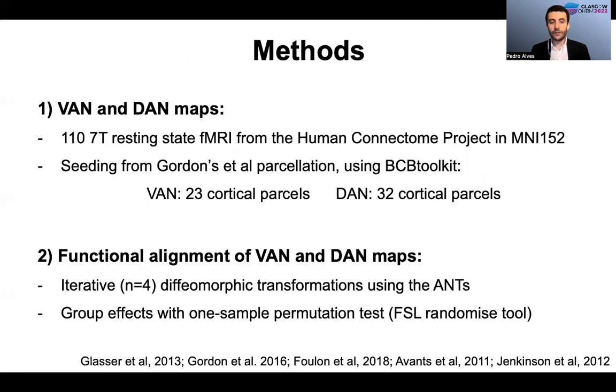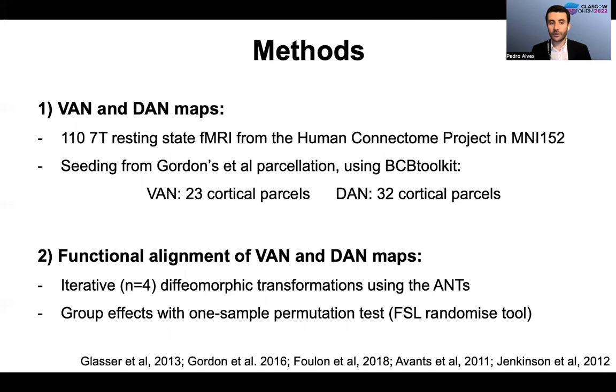To achieve this, first we computed the ventral and dorsal attention network maps by the synthetic analysis of 110 7 Tesla resting state functional MRI maps from the Human Connectome Project.